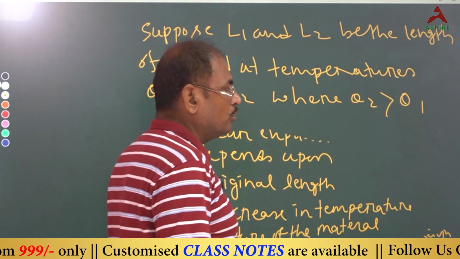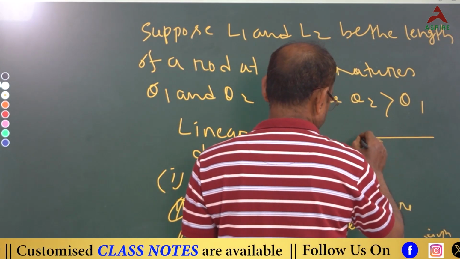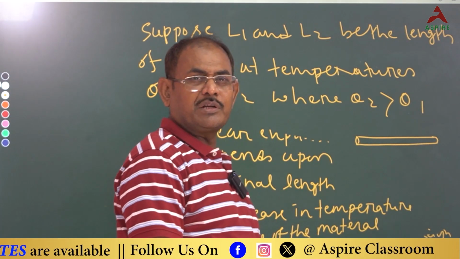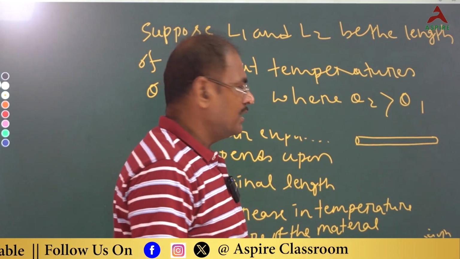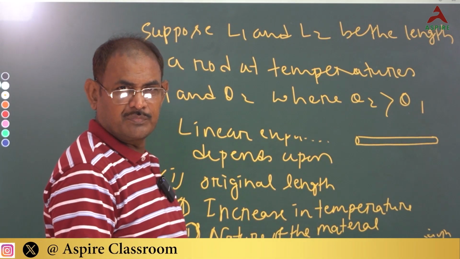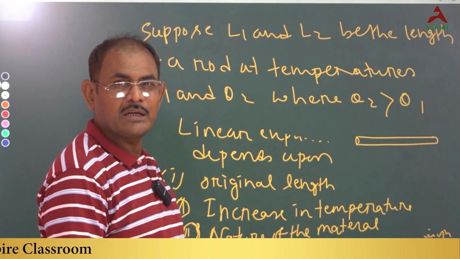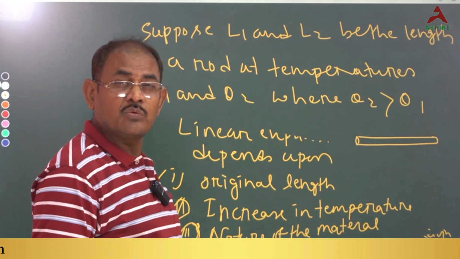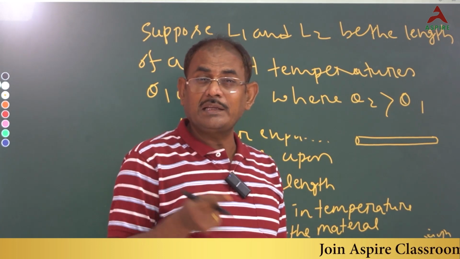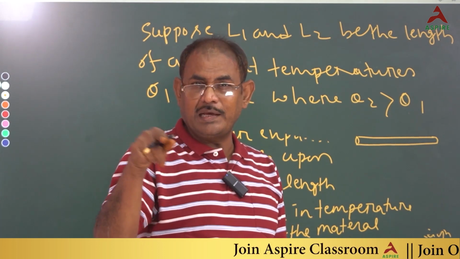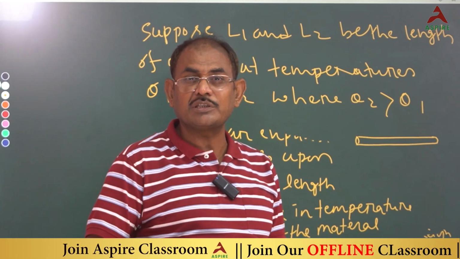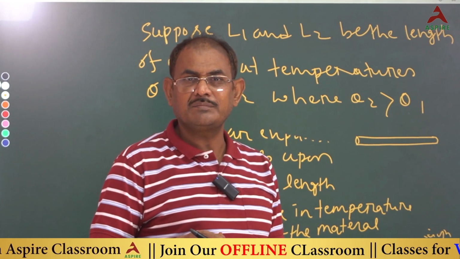This is one rod. At temperature theta 1 the length is L1 and at theta 2 the length is L2. The change of length is L2 minus L1. The change of length depends on number 1, the original length L1, and next, the change of temperature, which is theta 2 minus theta 1. Is it clear?